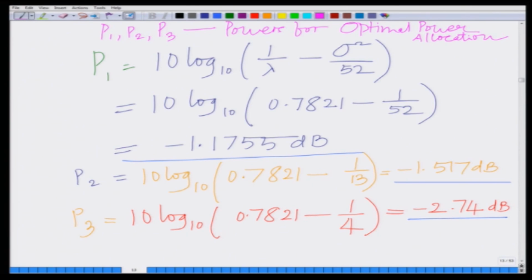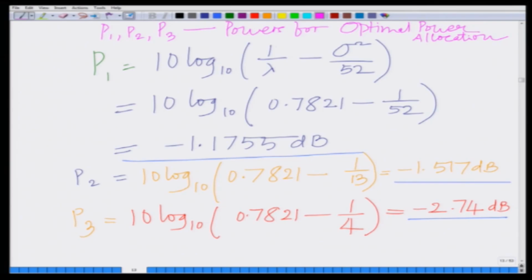These are the powers that maximize the sum rate of the MIMO wireless channel, or basically achieve the Shannon capacity of the MIMO wireless channel. And if you observe closely, you will notice something interesting: power 1 is minus 1.17 dB, power 2 is minus 1.51 dB, power 3 is minus 2.74 dB.